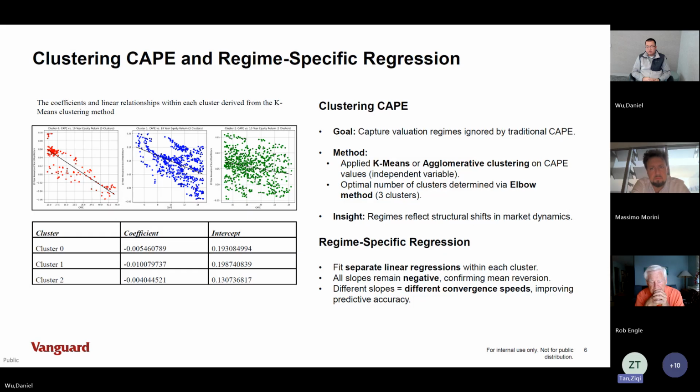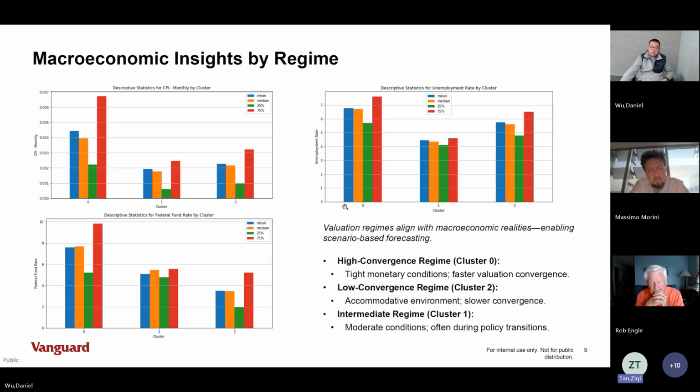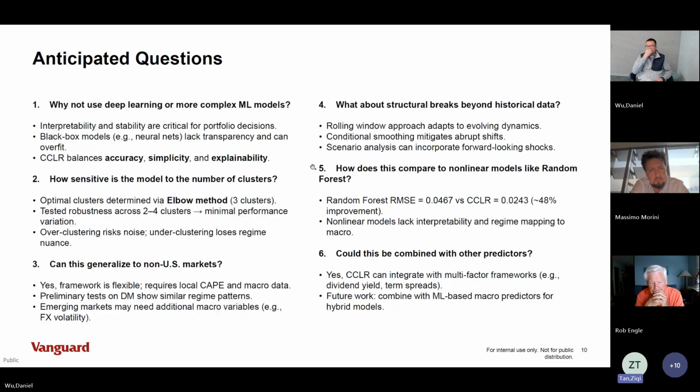I guess my question is, in your number 6 anticipated questions, you explain this can be extended to other predictors and other time horizons. I was curious, have you considered extending this framework to other asset classes, rather than just the shorter forecasting horizon?